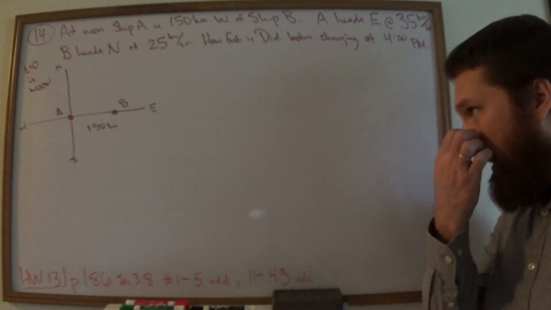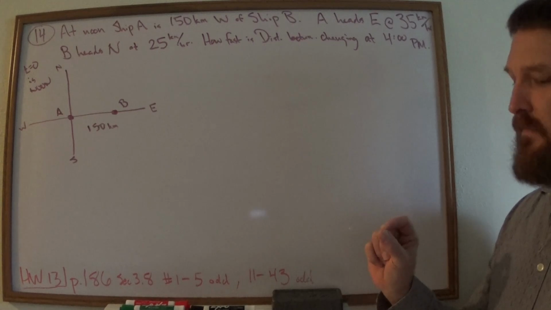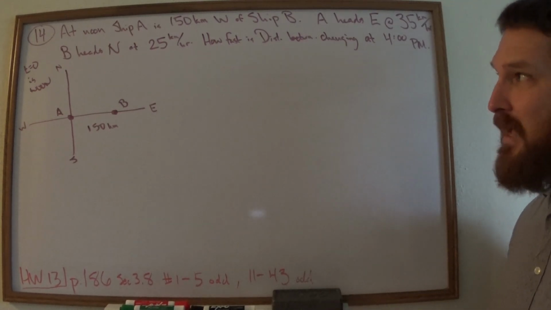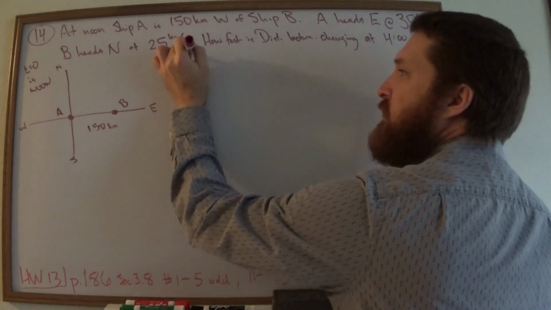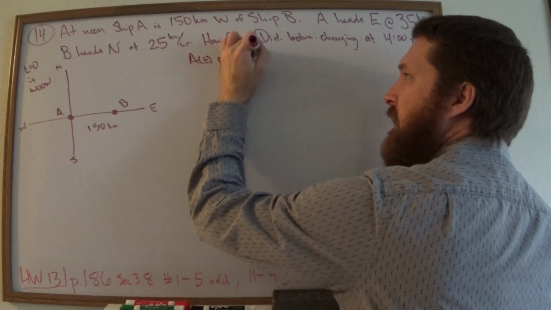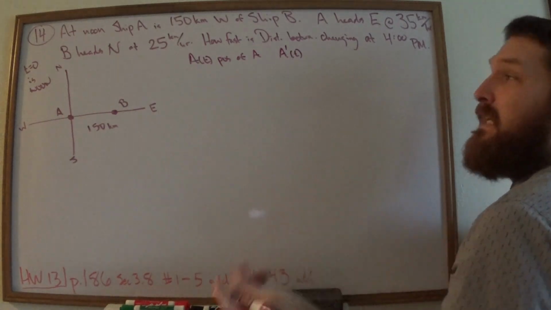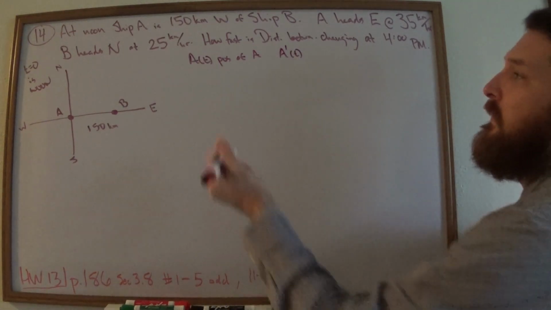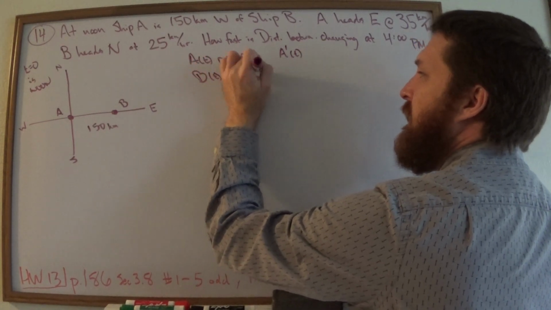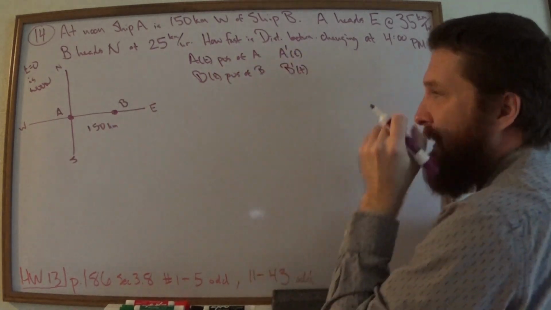Okay, now let's think about what happens here. And what I like to do when I do these, I draw arrows for the rates. So I'm going to think about this as A(t) is the position of A, and therefore A'(t) is its speed, or its velocity. B(t) is the position of ship B, and therefore B' is its velocity.